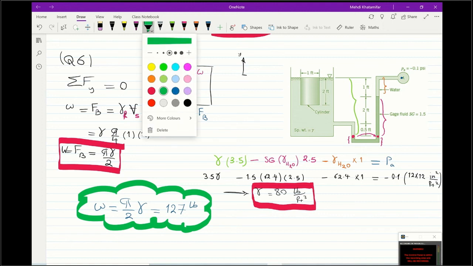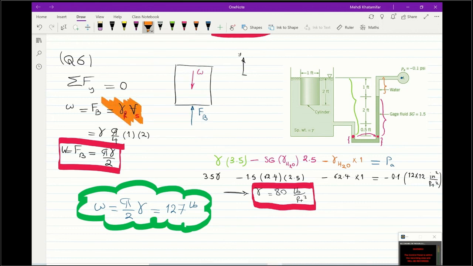That is the most important part, and don't make a mistake here. And that is supposed to be equal to the weight. So we found one formula there, but gamma was missing. To find gamma, we wrote the pressure balance inside the manometer.